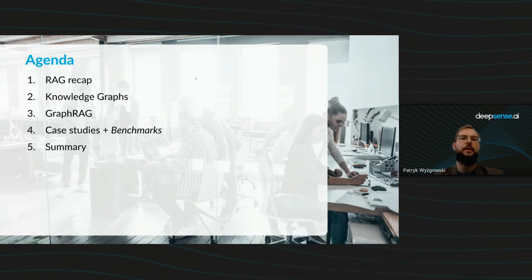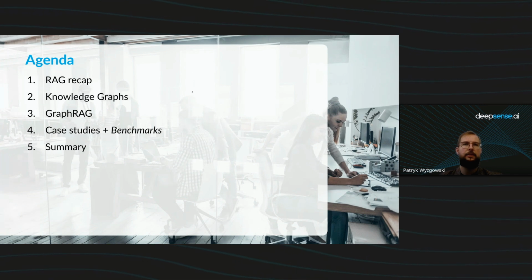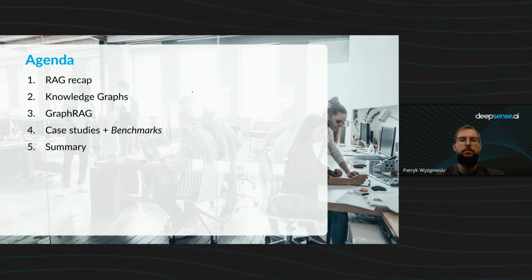GraphRAG wouldn't exist without RAG, which stands for Retrieval Augmented Generation. So at first, we're going to have a little recap, so we're on the same page and not too fast-paced with our knowledge sharing.